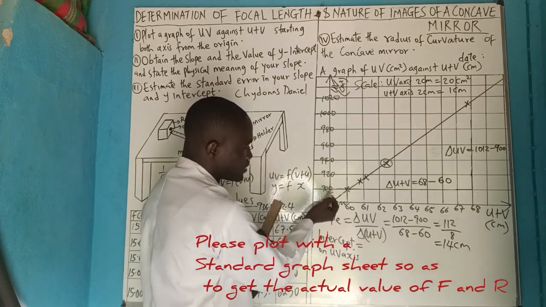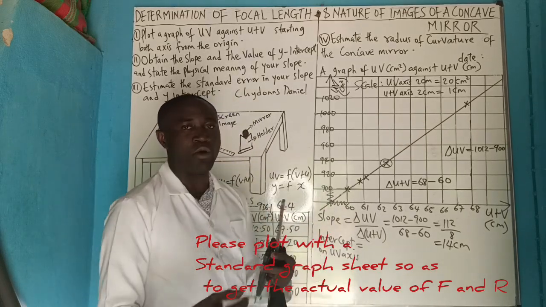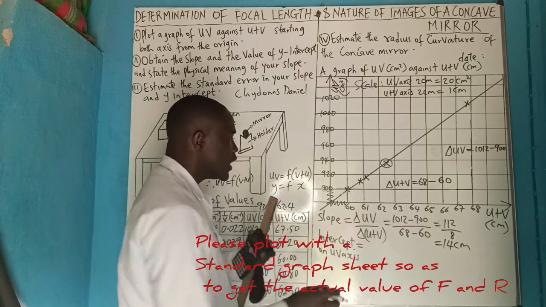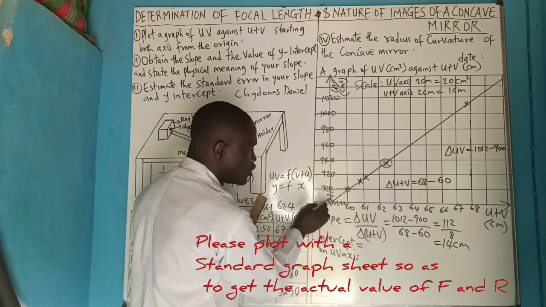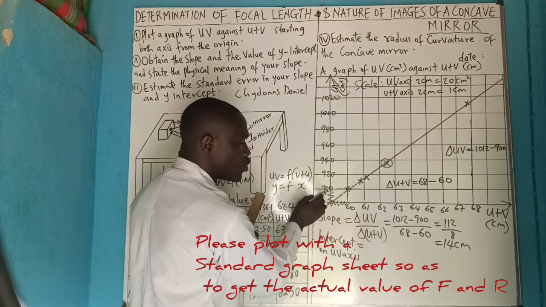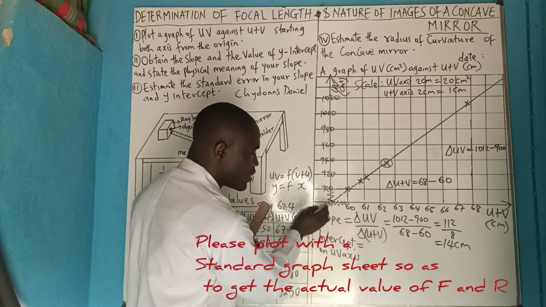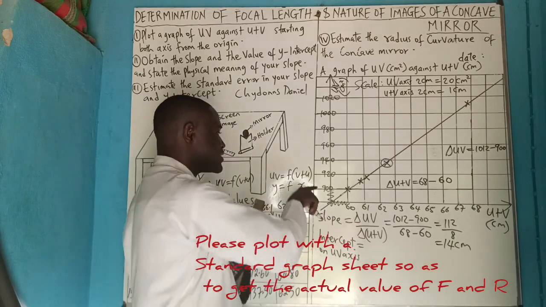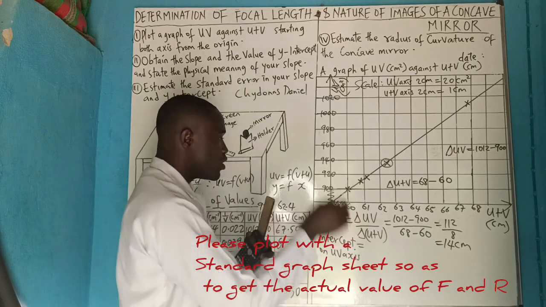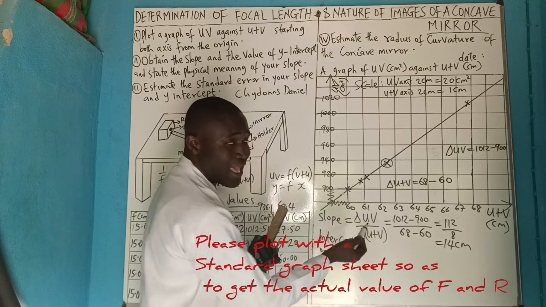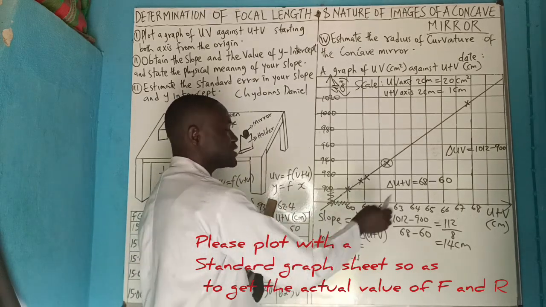Since I am observing starting from the origin, but I didn't indicate 0,0, it means that from here to here covers from 0 to 899. Then you now start 900 and above. And from here covers 0 to 59. Then you now start seeing 60, 61.